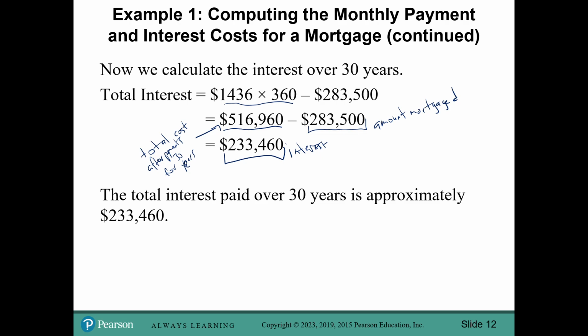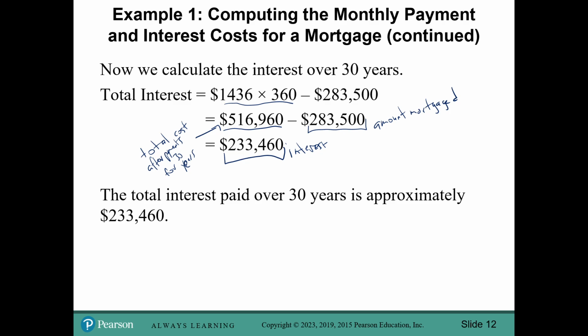That's crazy, right? You almost paid the same amount as what you borrowed over that 30 years. So the total interest paid over 30 years is approximately $233,460. Think about that. You mortgaged a $315,000 house for 30 years.